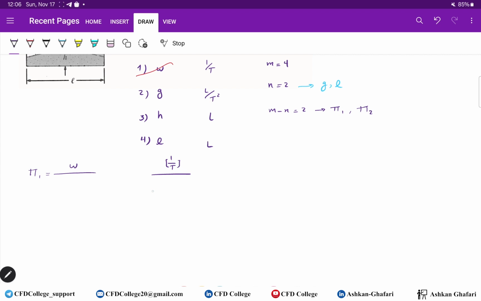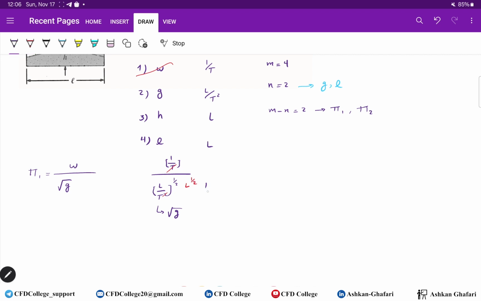So we need L over t square to the power of 1 over 2, a square root of gravity. Now t is cancelled, but we have L to the power of 1 over 2.